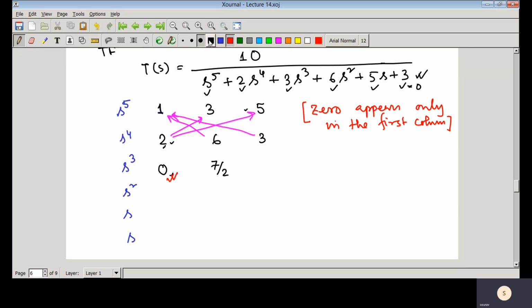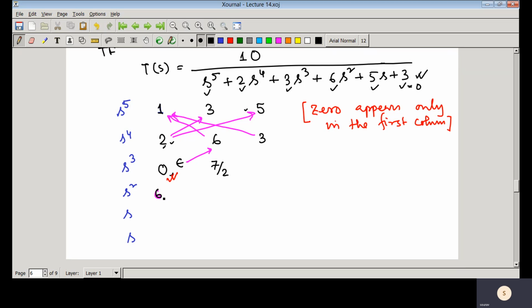So then we need to replace that element by a small number epsilon. So replace this element by a small number epsilon.